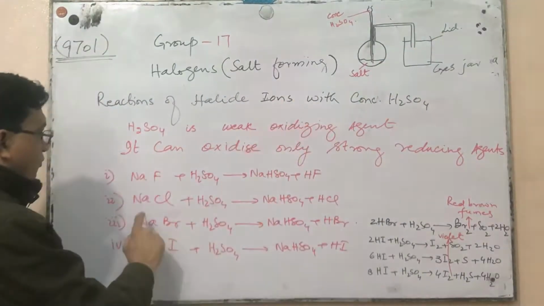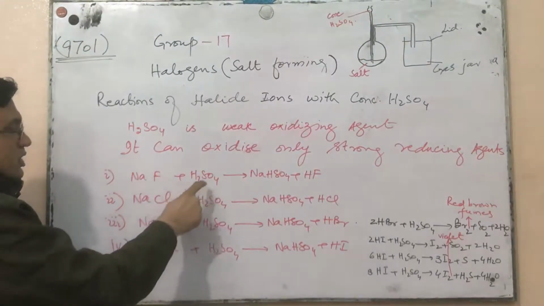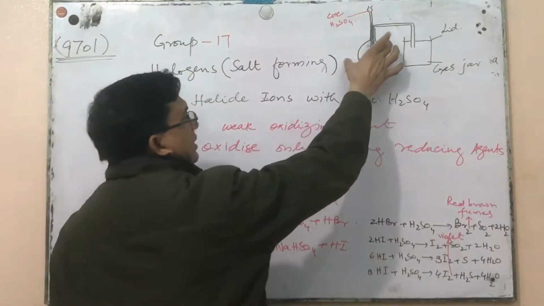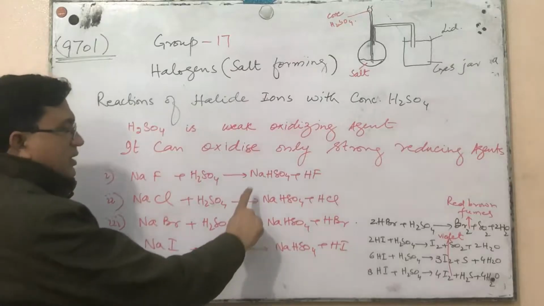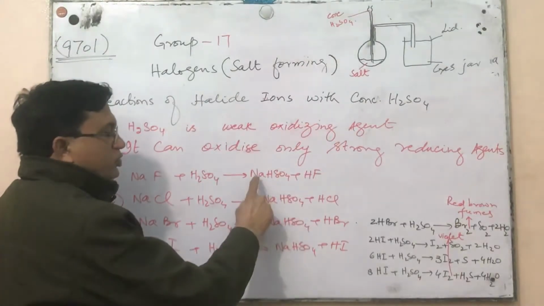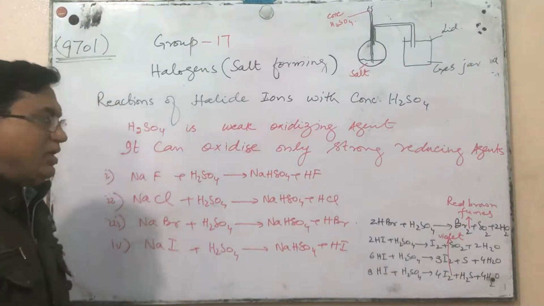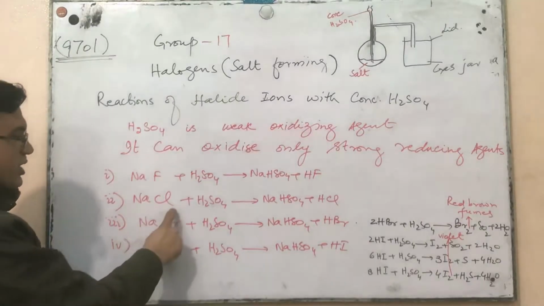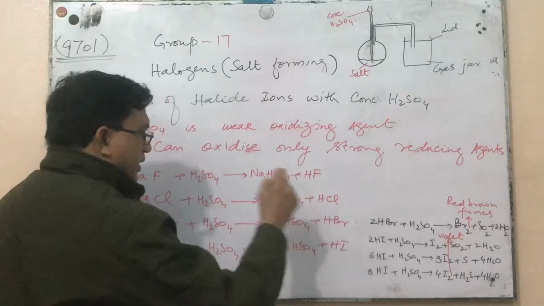Now, for example, if we take the reaction of sulfuric acid and sodium fluoride in this round bottom flask, sodium hydrogen sulfate will be formed and hydrofluoric acid will be produced. Similarly, if we take sodium chloride, we will get hydrochloric acid.